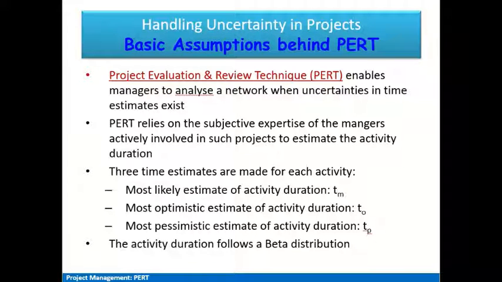It was developed during the Second World War for managing projects, and it assumes that the activities that constitute a project and their relationship to other activities are known with certainty.